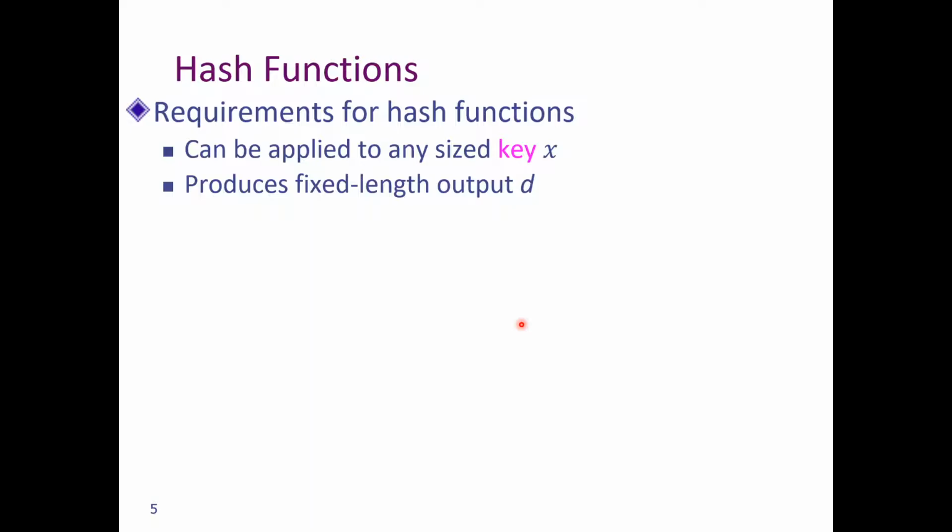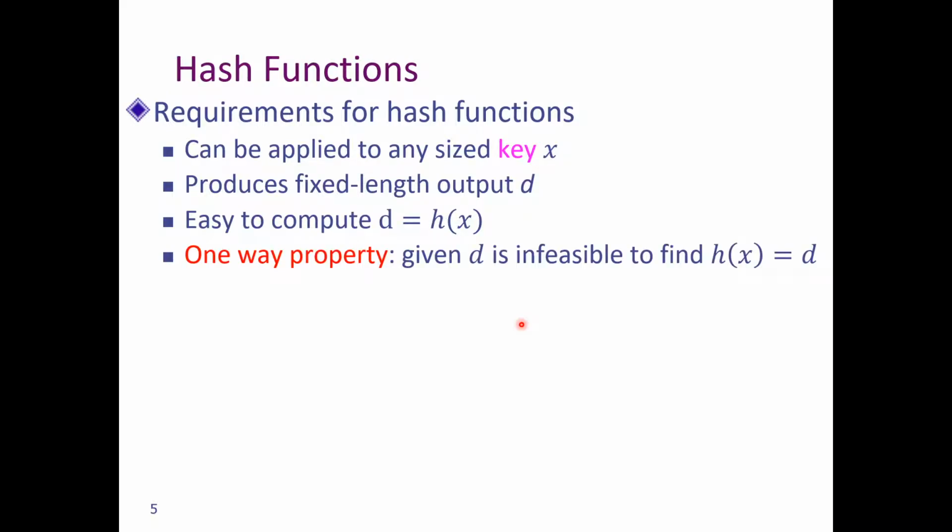So d is the output when we apply a hash function to x. And the third requirement is that it should be fairly easy to compute d once we have the hash function and we have the input, okay? So it should be easy.